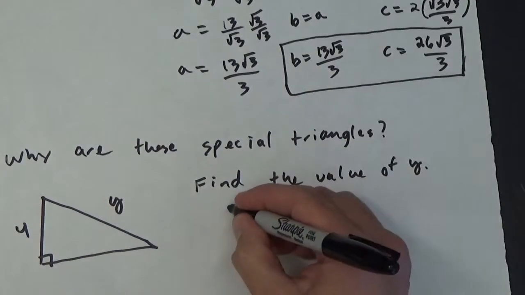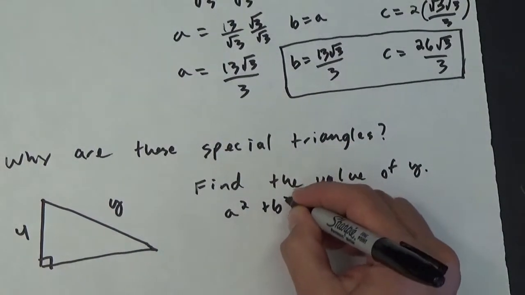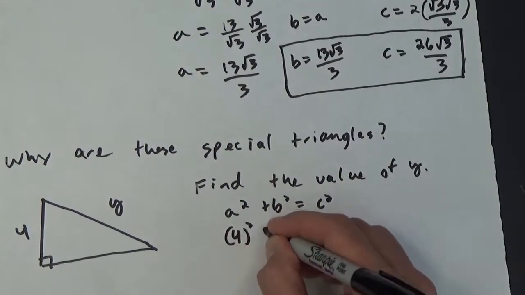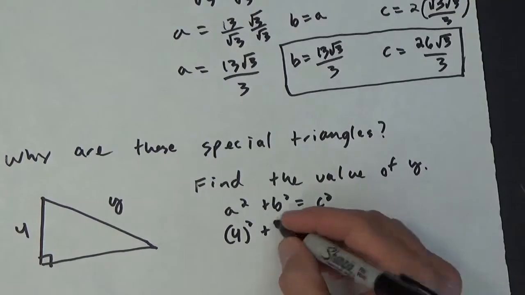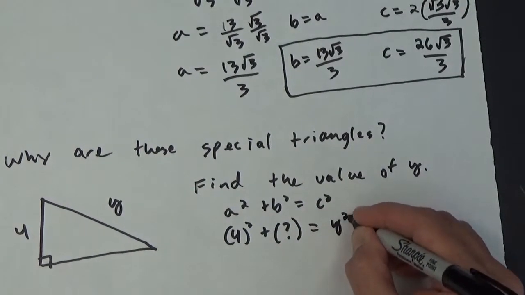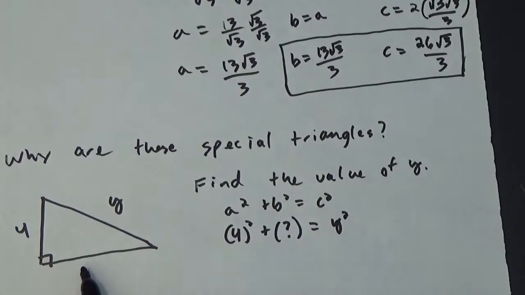Well, we would start off with a squared plus b squared equals c squared. So we would have 4 squared plus... we run into a problem here. We don't know the length of this side.